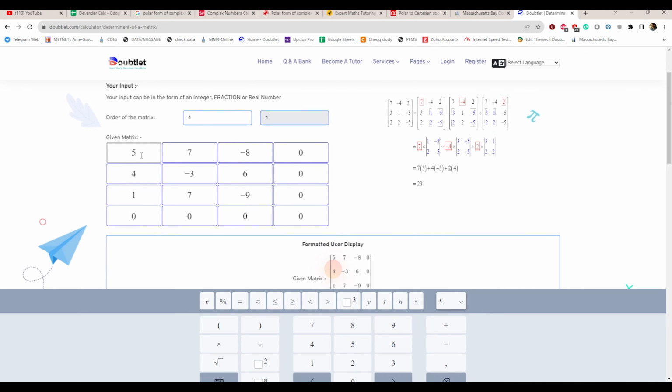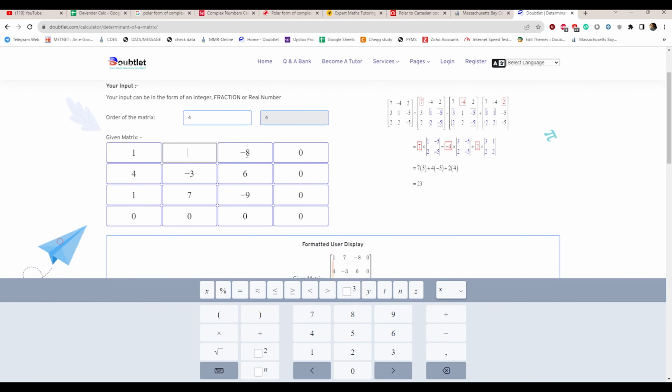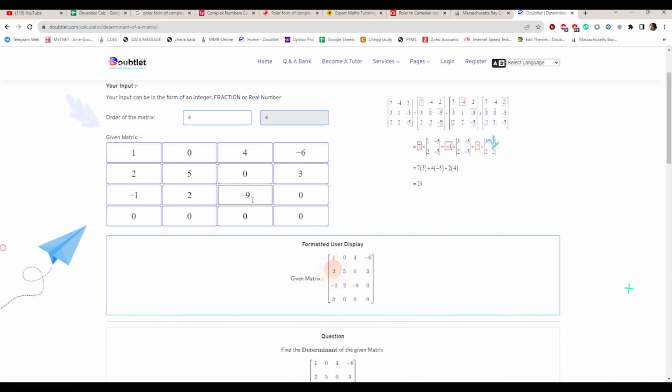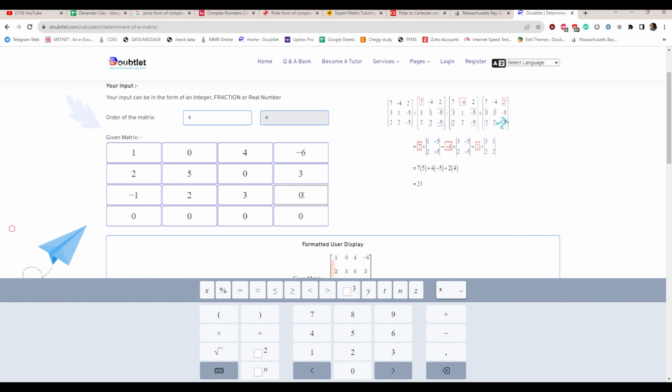Now we will check the 4 by 4 matrix. So we will type out the elements first. It will be 1 0, this will be minus 4, this is 4, sorry, this is minus 6, then 2 5 0 3, and next minus 1 2 3 5, and next 2 1 minus 2 3.